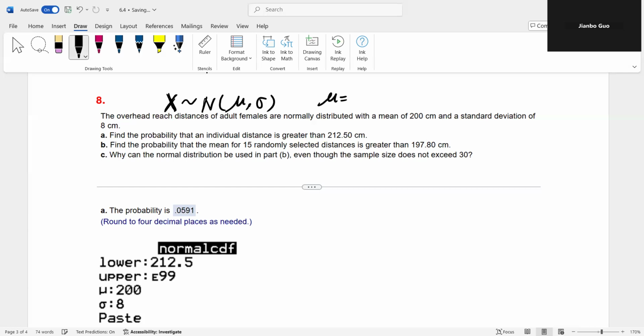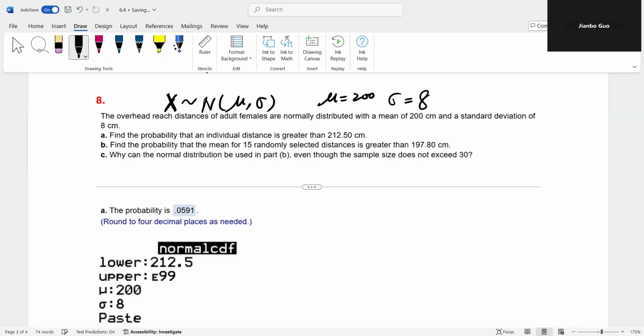Mean is 200, sigma, the standard deviation, is 8. So that's the given information. We have a normally distributed population. X here is the population representing the overhead reach distance of adult females.